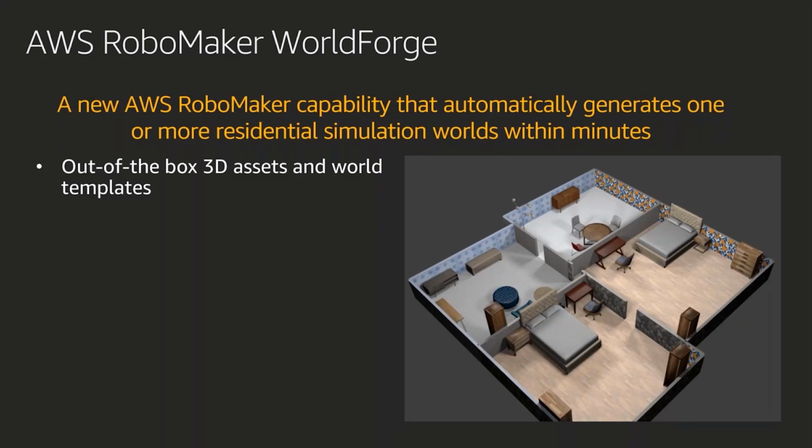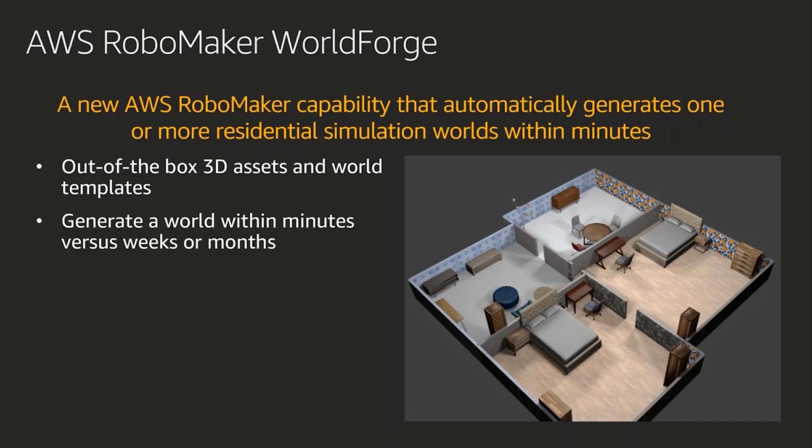WorldForge also provides pre-built templates so that you can generate a large variety of different types of residential homes without doing any additional configuration. You can just choose from one of these templates we provide. Next, WorldForge can generate a simulation world within minutes as compared to weeks or months when you do that manually.